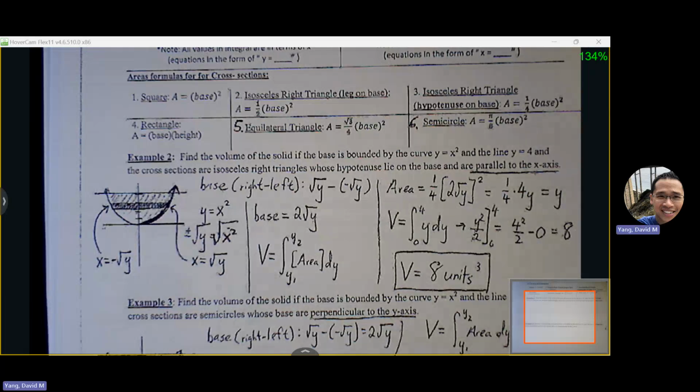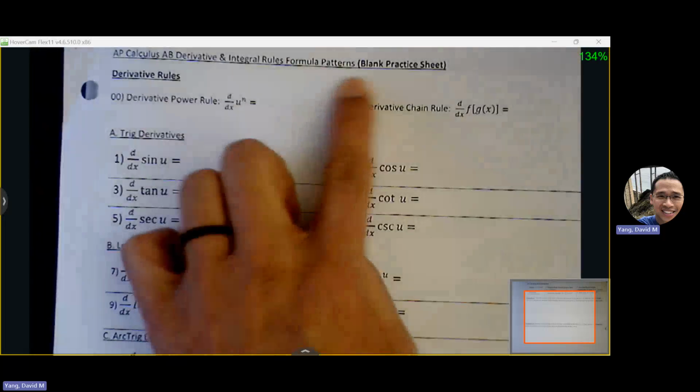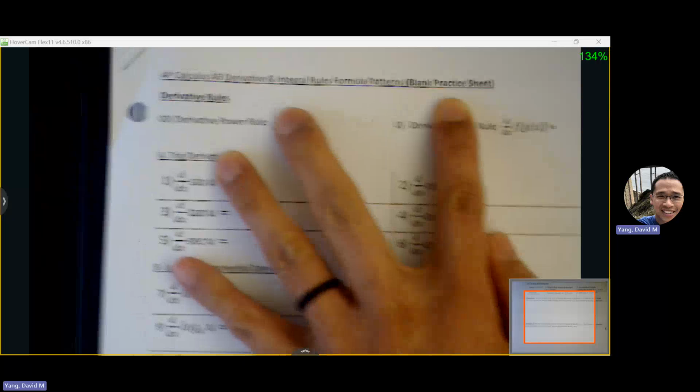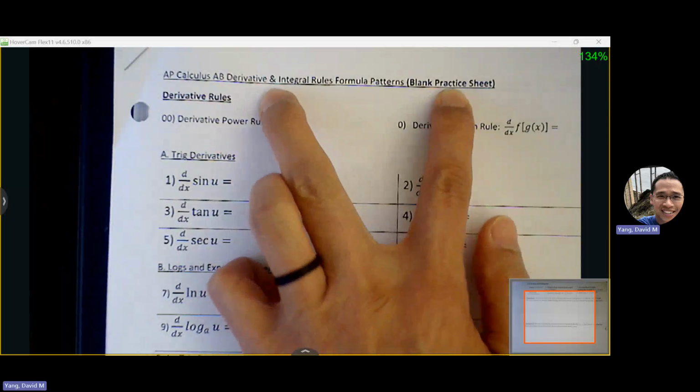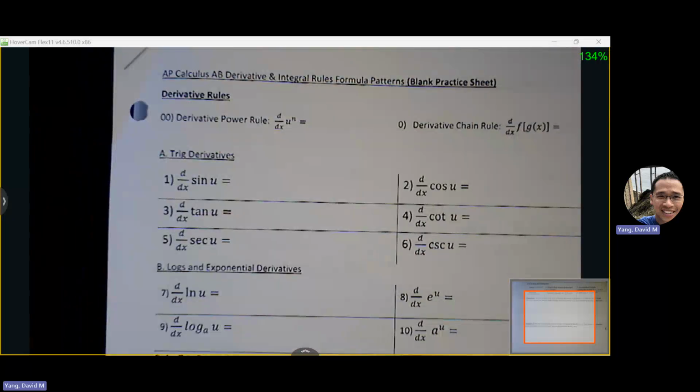Okay, I would like for us to go to, because we are going to have a quiz on Wednesday. So I want to kind of go through each of the derivative and integral formulas just to kind of talk through them as you guys are preparing. Is anybody missing this handout?